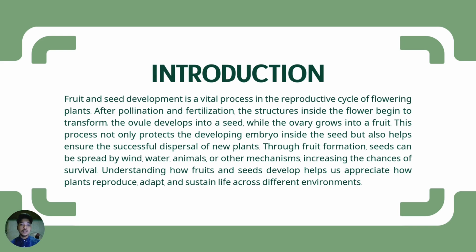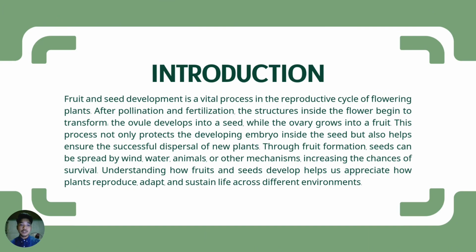So we move to the introduction. Fruit and seed development is a vital process in the reproductive cycle of flowering plants. After pollination and fertilization, the structures inside the flower begin to transform. The ovule develops into a seed, while the ovary grows into a fruit.